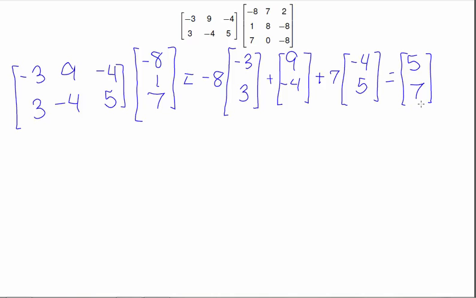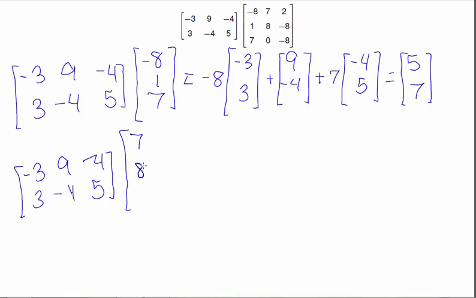So this is the first of 3 steps. We need to do this again for every single column of B. So I have the same matrix A times, this time, the second column of B, which is 7, 8, 0. So we have 7 times -3, 3.